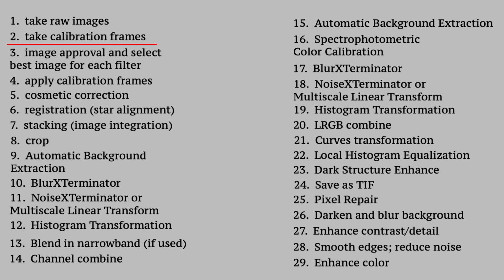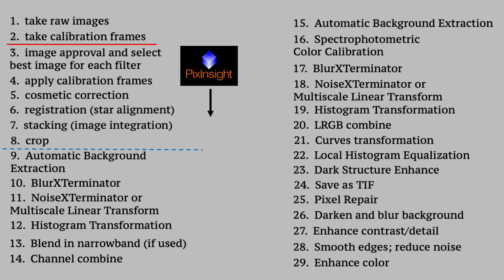Then starting with step 3, we're working in PixInsight. And eventually we're working with all the images in PixInsight, and then we eventually get to the point where we just are going to be working with a lumen image. And that starts at step 9 and goes through 12, and then starting at step 13, we are dealing with our RGB image.